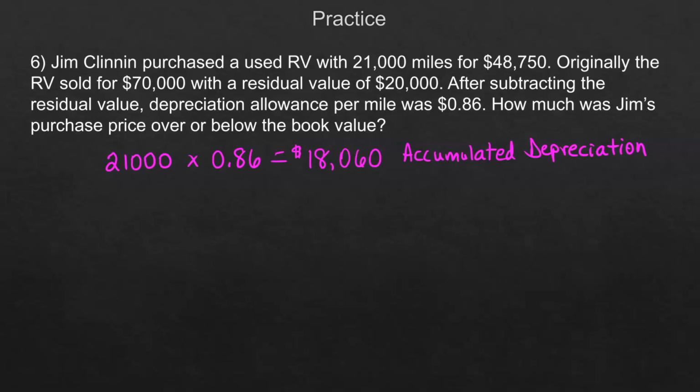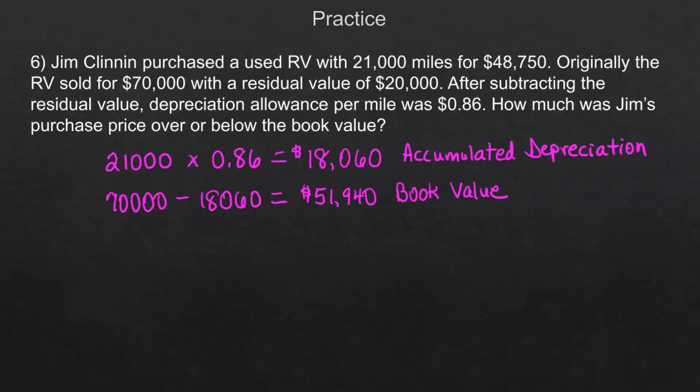So we take that then and subtract it from the original book value. And then that says that our new book value is 51,940. So that's the book value after we've taken that amount of depreciation.